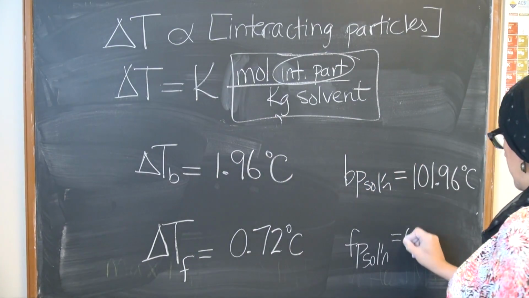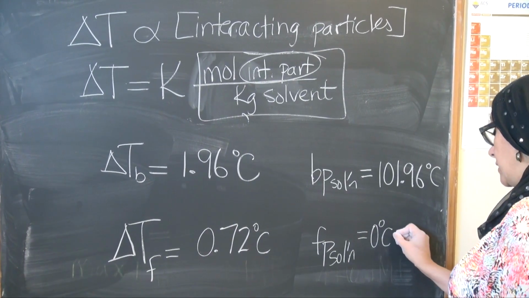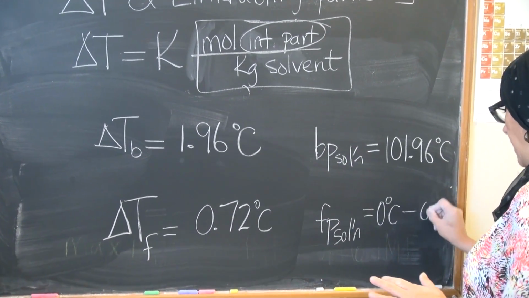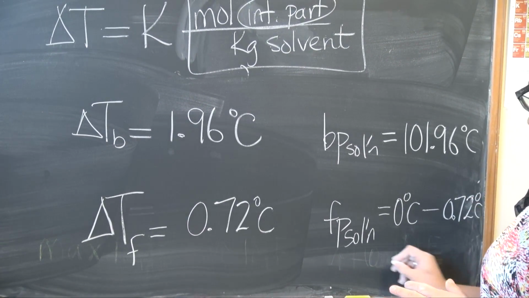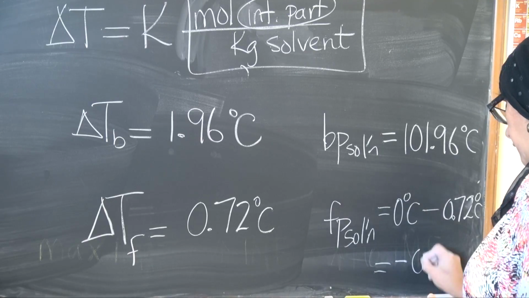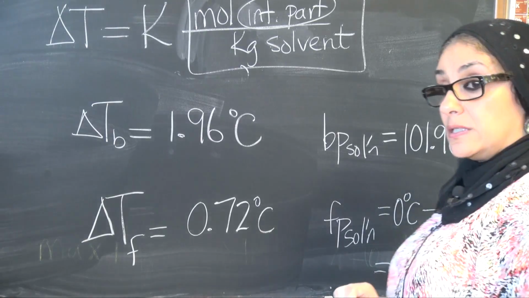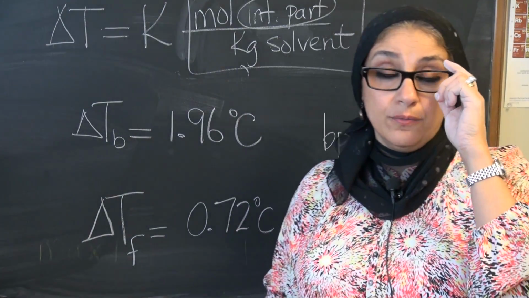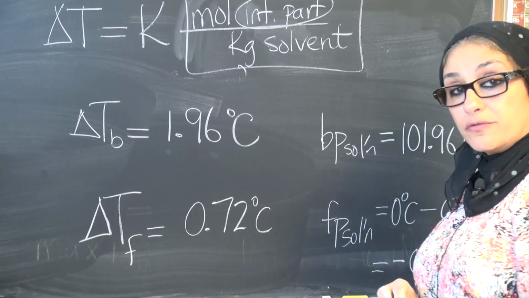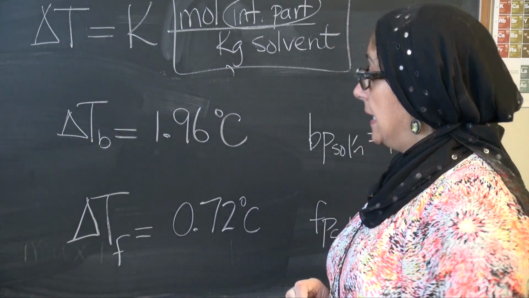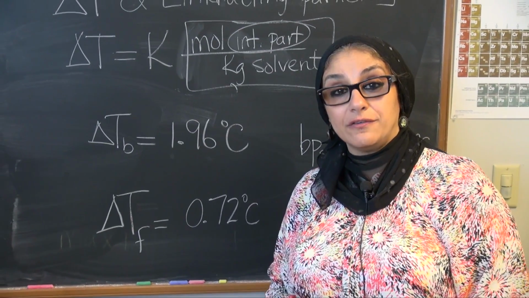So we start with 0 Celsius, that is the pure solvent, and it is going down, decreasing by 0.72 degrees Celsius. So the freezing point then is negative 0.72 degrees Celsius. That is the expected temperature that we would observe for that solution for freezing. And that, my dear students, wraps up our video on colligative properties.